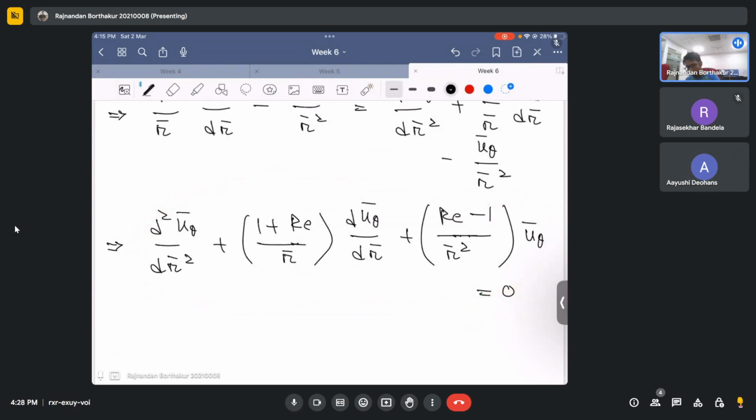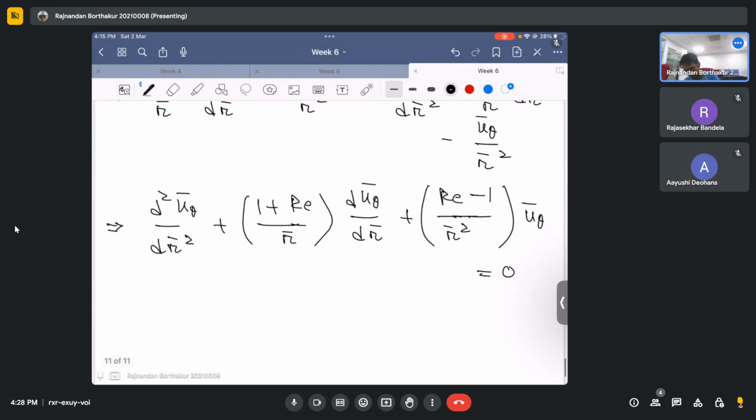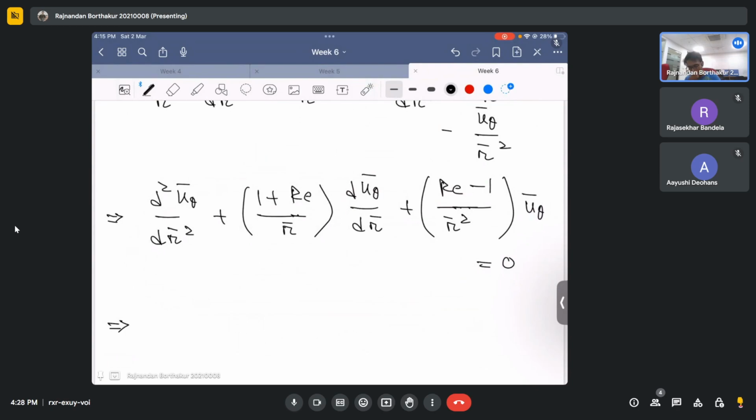Now let's do one thing. I'll multiply the entire equation by r bar squared. What do we get?